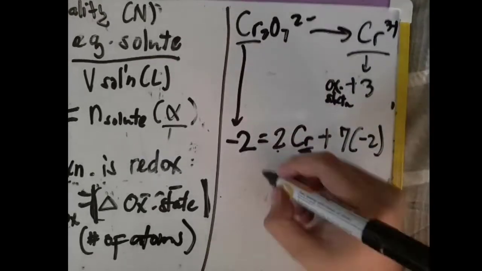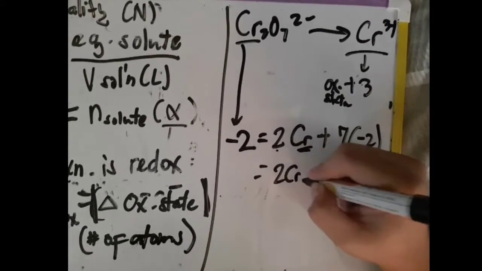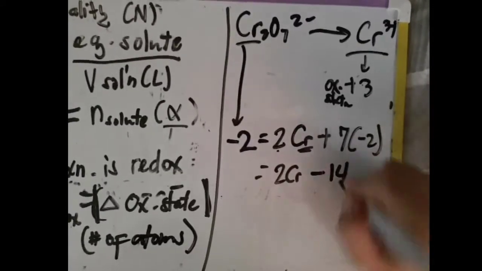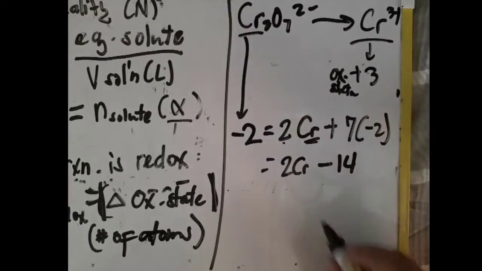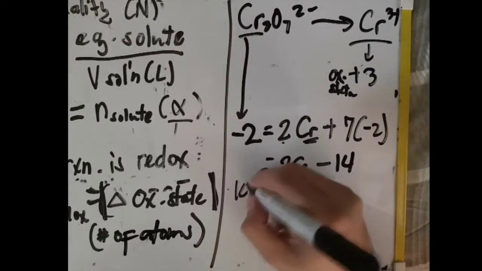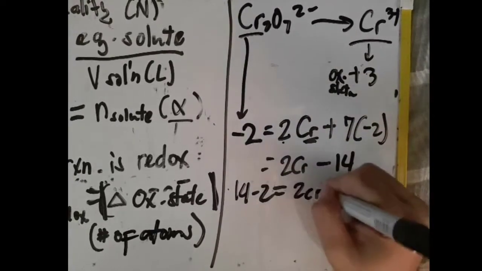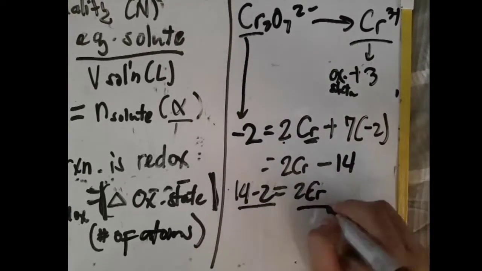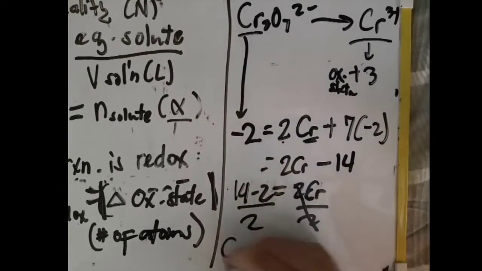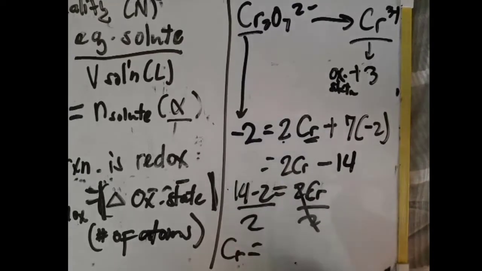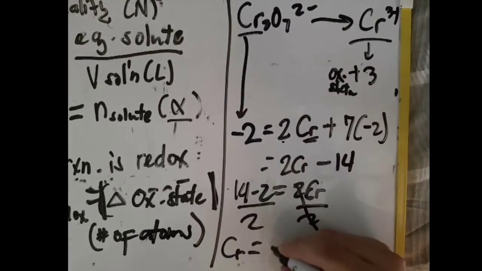So 7 times negative 2 is negative 14. Then transpose this to the other side. So 14 minus 2 is equal to 2 Cr, divided by 2. So the oxidation state of chromium in dichromate is positive 6.